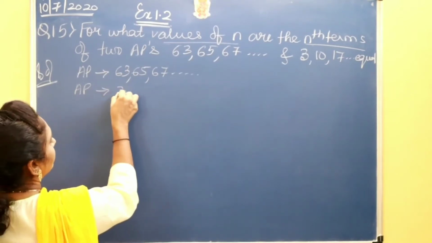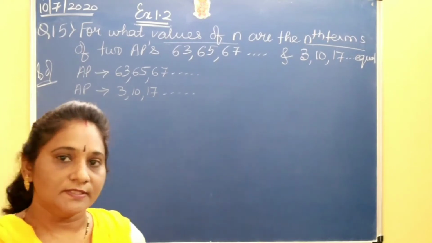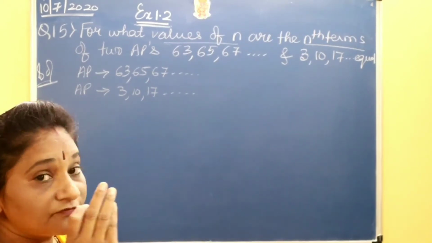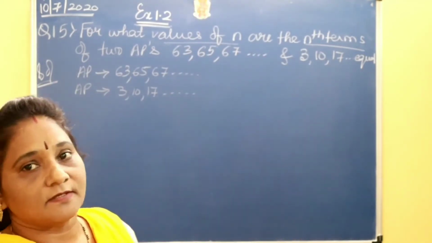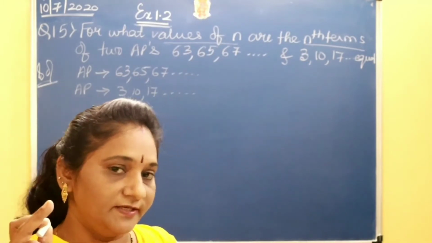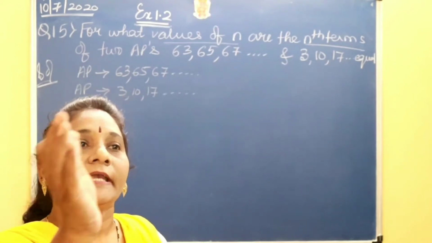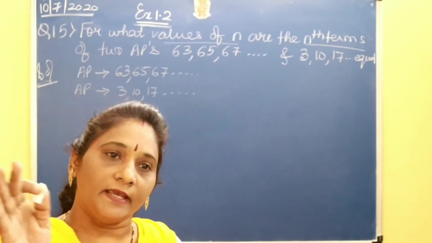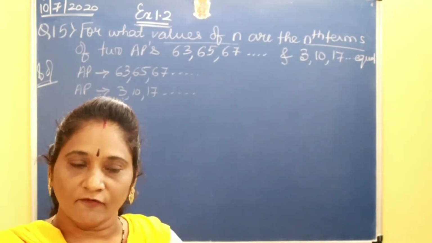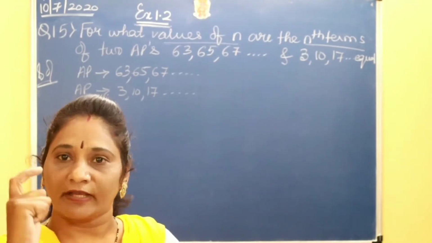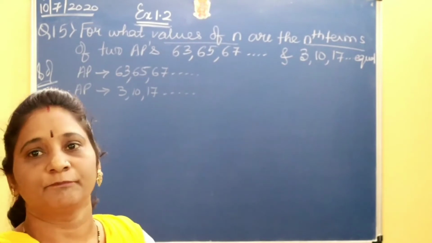What they have asked is, for what value of n will the nth terms be equal? You have to find an of AP1, an of AP2 and equate both of them, because that will give you the value.